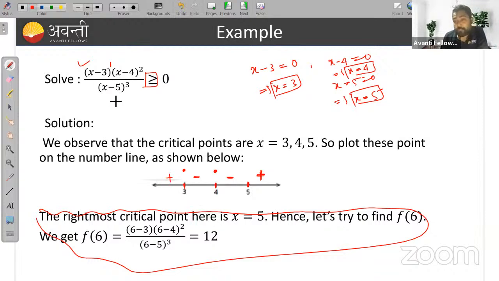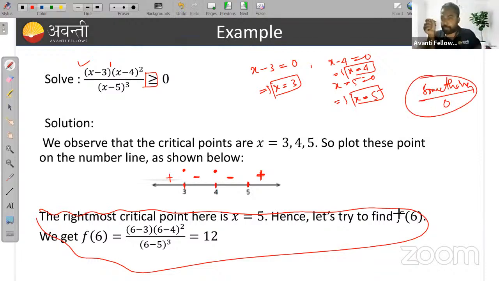But in case of x equal to 5, the left hand side becomes undefined. See, at x equal to 5, something upon 0 is not defined. At x equal to 5 my denominator becomes 0, and if the denominator becomes 0, then the left hand side will not be defined.